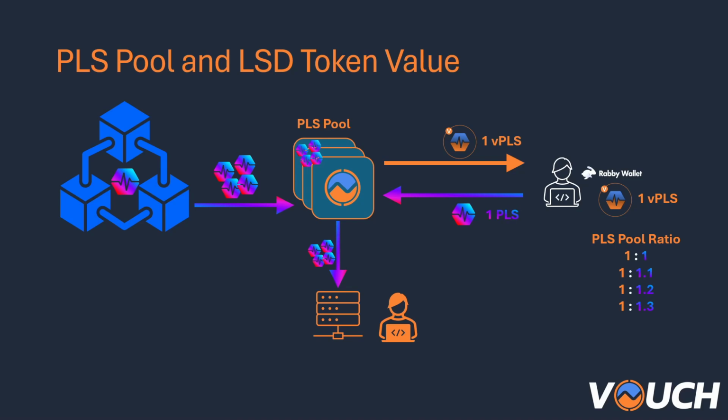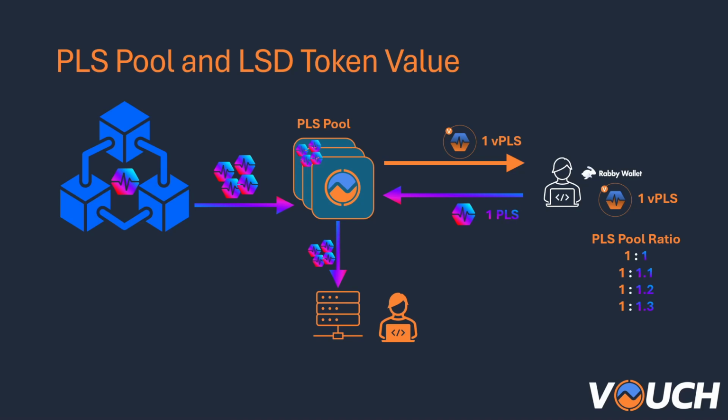Instead, what happens is all the Pulse accrues in the pool. So all the rewards and everything that's getting sent back to the Vouch contract and sitting in a pool of funds there in the form of Pulse. And that value is then transferred to the users using this mechanism.